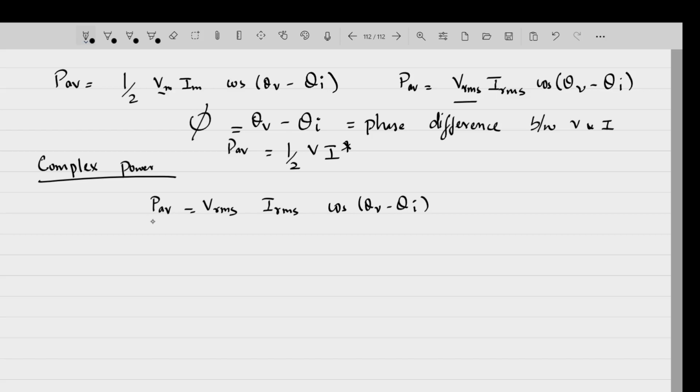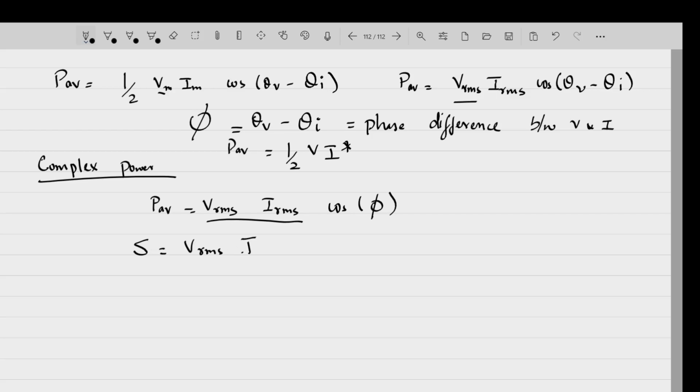So I'm writing the same equation: P average is equal to V RMS into I RMS cos(theta V minus theta I). Instead of writing theta V minus theta I, I will simply write cos of phi. So P average is equal to V RMS, I RMS cos of phi.